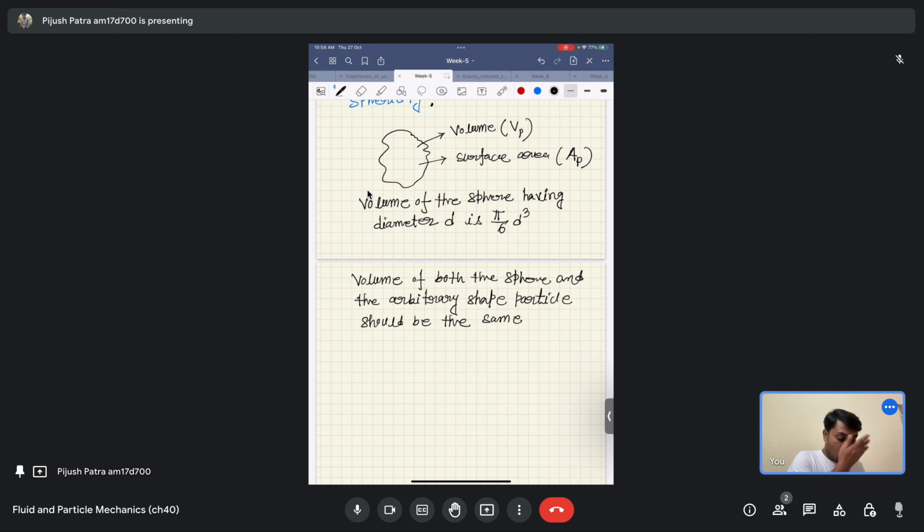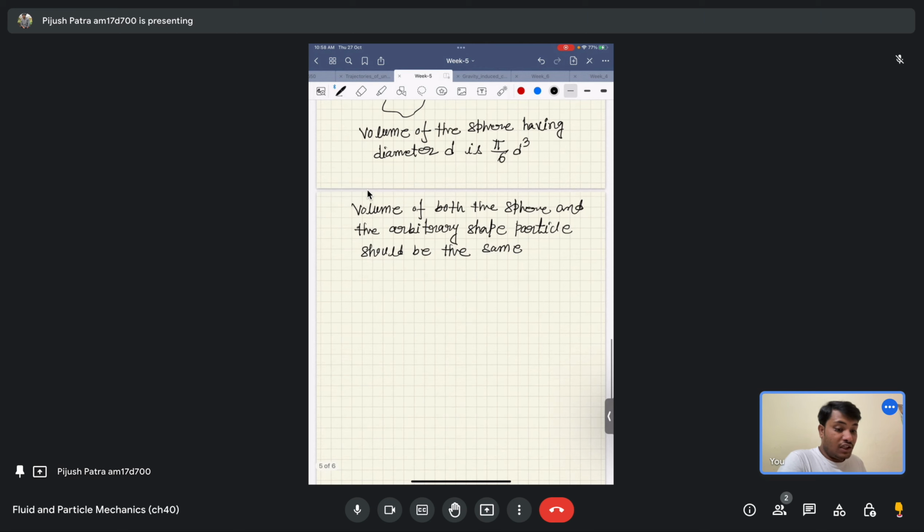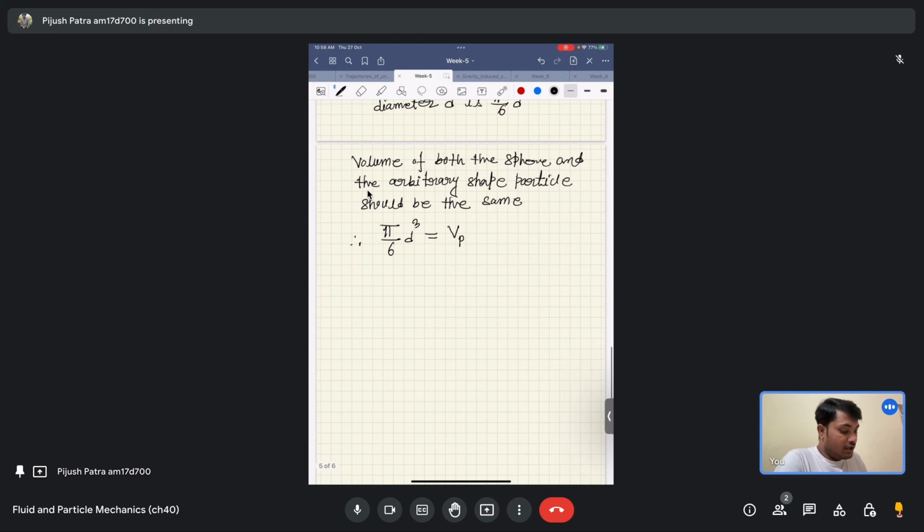That means pi by 6 d cube is equal to Vp. So what is the diameter? It is 6 Vp divided by pi, the whole raised to 1/3.